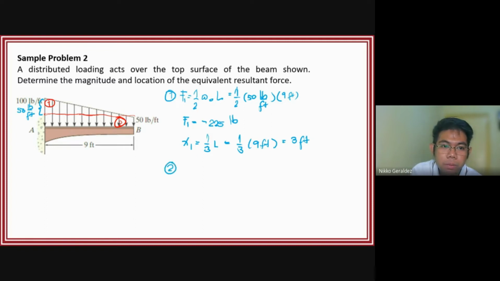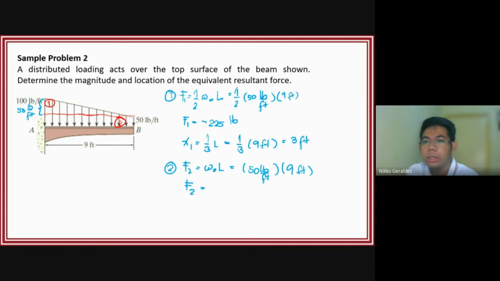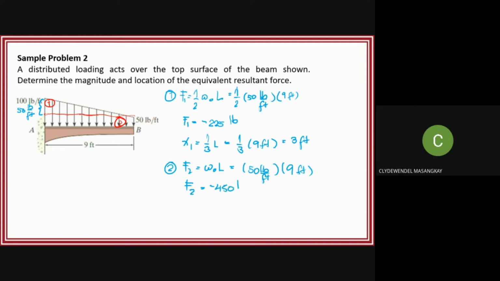Next, shape 2, the rectangular load. Our formula is W sub O times L, equal to its load. So 50 pounds per foot times the length, 9 feet. So F2 is equal to 450 pounds.